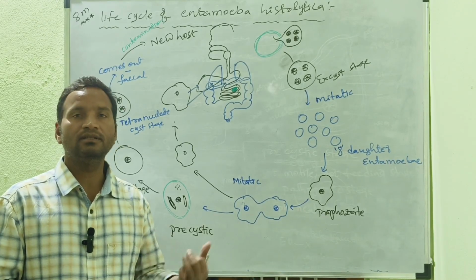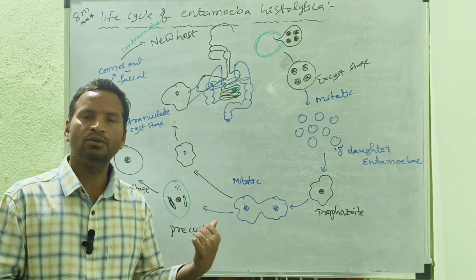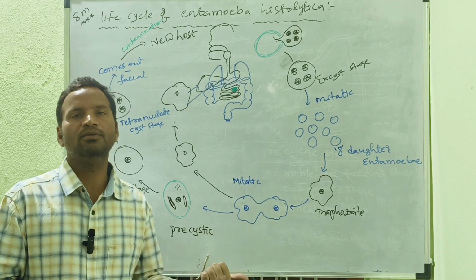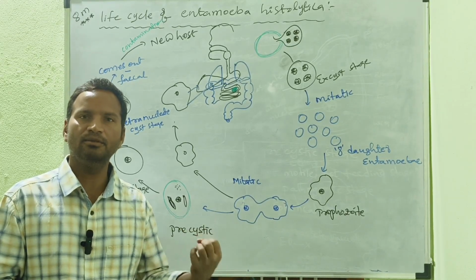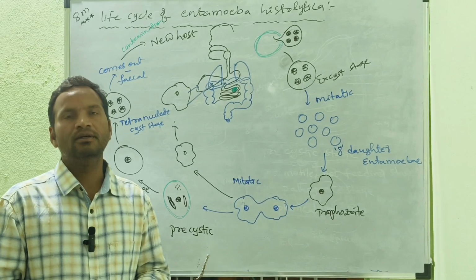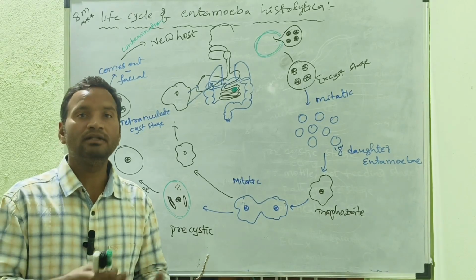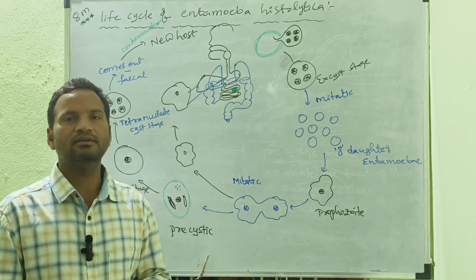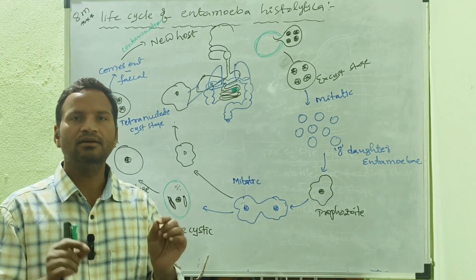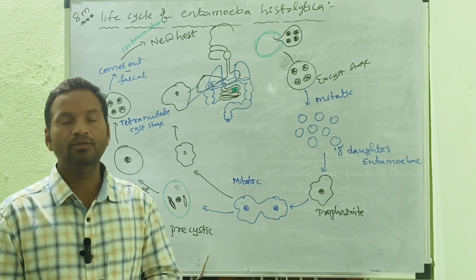And now let us see the pathogenicity, which I already mentioned. It causes a disease called amoebiasis or amoebic dysentery. Now, how to avoid the disease? What is the prevention for the disease? That is called prophylaxis.